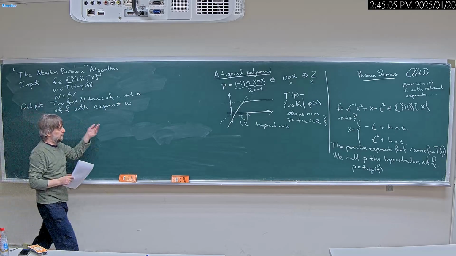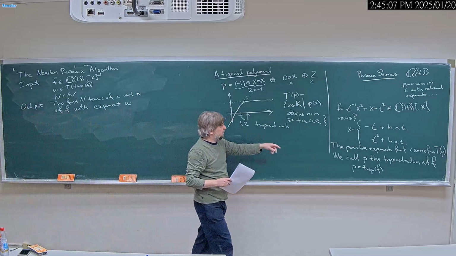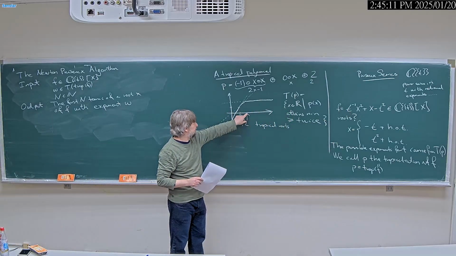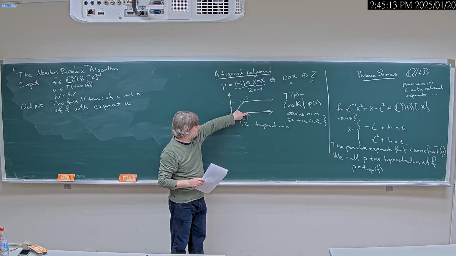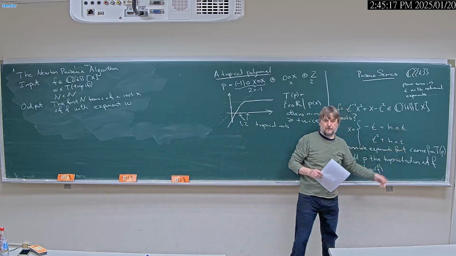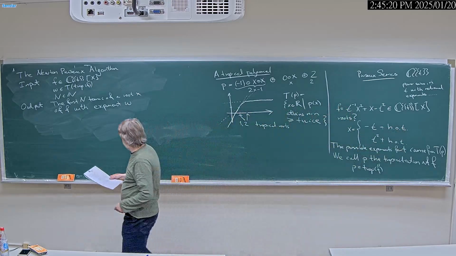Right? So the algorithm is going to take a polynomial, and then one of these exponent choices, and then it's going to produce as many terms as I would like from the root.